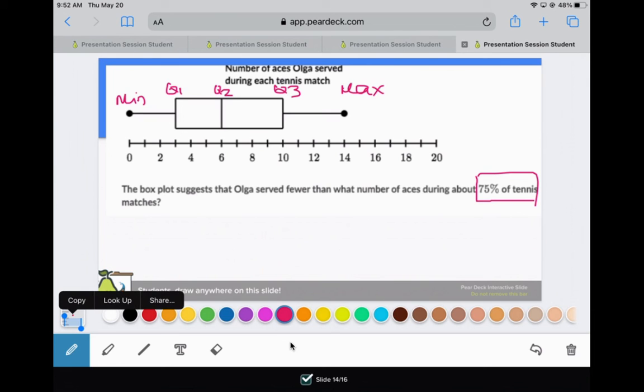So we talk about 75%. Which values are we looking at? The min, Q1, Q2, Q3, or max? Can someone tell me? Anyone remember, if we talk about 75% of the population, that would be which one?